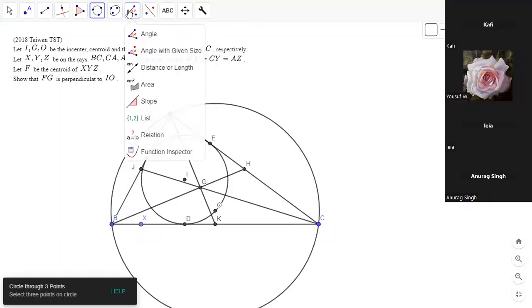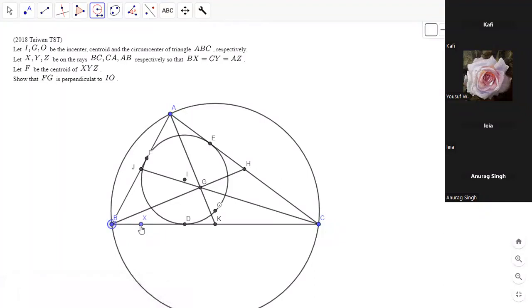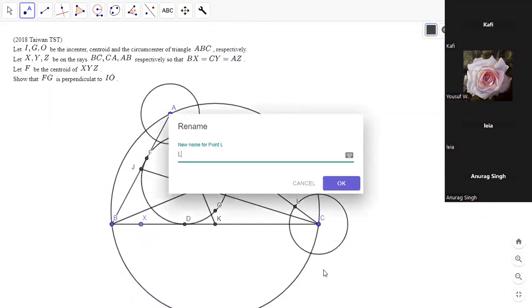I'll use the compass. So we want BX equals CY, and we want that to equal AZ. Okay, so this is Y.